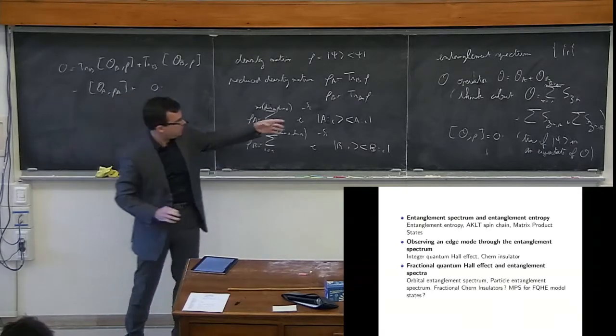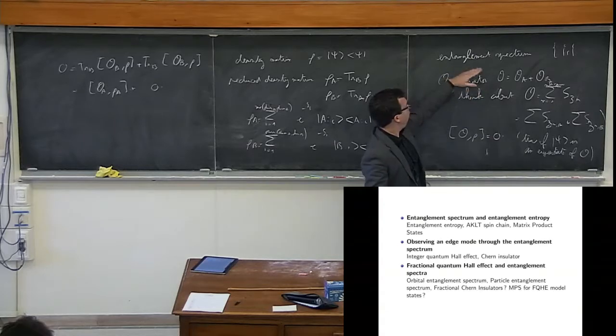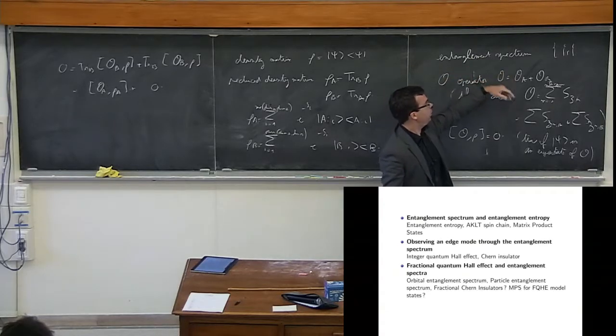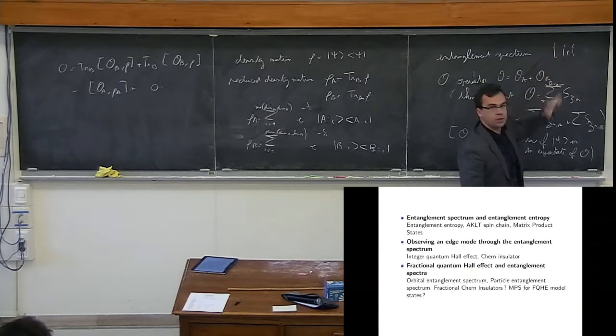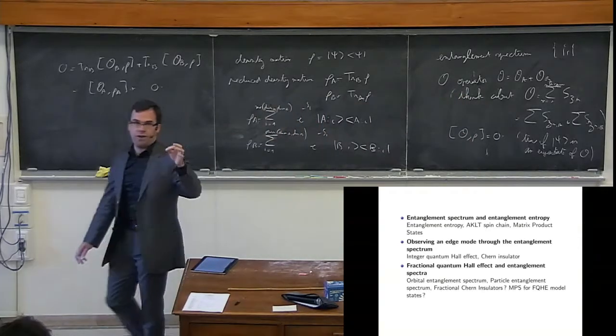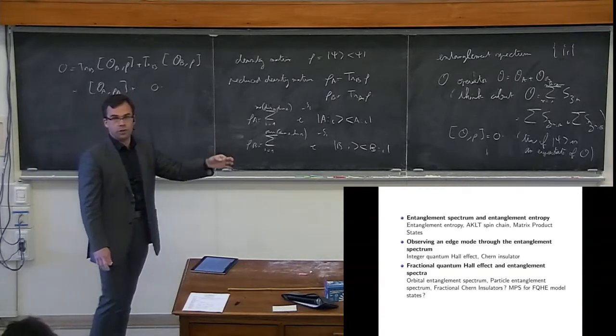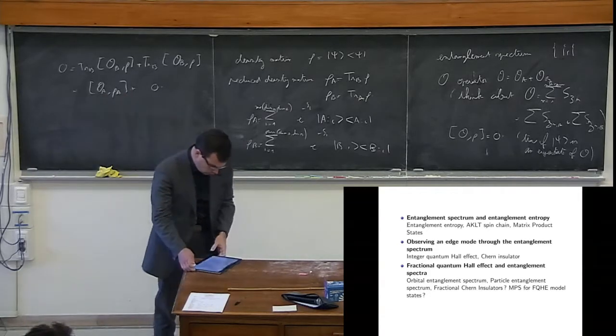So if you think about this example of the spin, it means that all the levels, all the numbers I have here in the entanglement spectrum, I can put as a label the value of the sum over SZ, so the projection of the total spin on the z-axis.